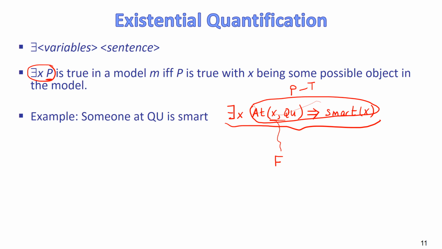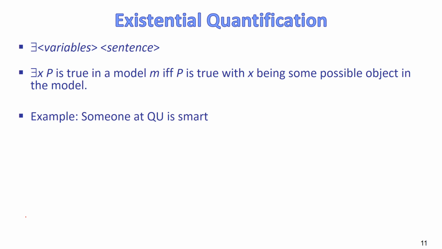So that means that if one person in the world is not at QU, then this whole sentence is true. Of course, that's not what we want to say here with someone at QU is smart. So that's not the right sentence here. The right one is there exists x, at(x, QU) and smart(x), which means x is at QU and smart. So there is at least one person who is at QU and smart, which is the same as the sentence: someone at QU is smart.